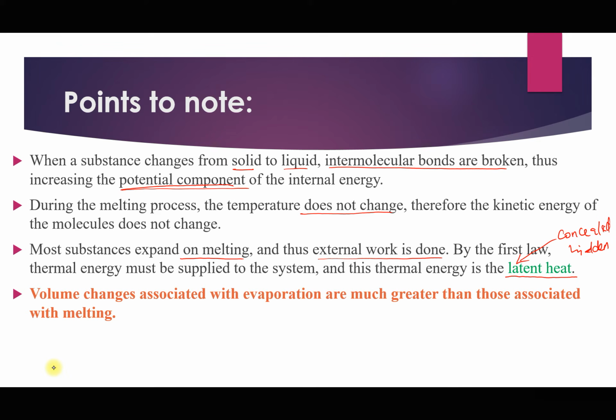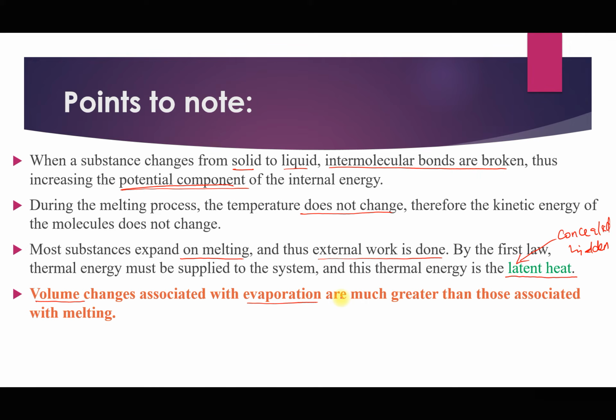I want you to note that because most substances expand when they are melting, there is a change in volume. Volume changes associated with evaporation are much greater than those associated with melting. For melting, the molecules are still close to each other because they are changing from solid to liquid, but for vaporization, the molecules have to escape to the vapor phase and move farther away from each other.